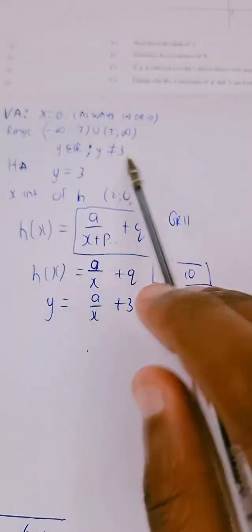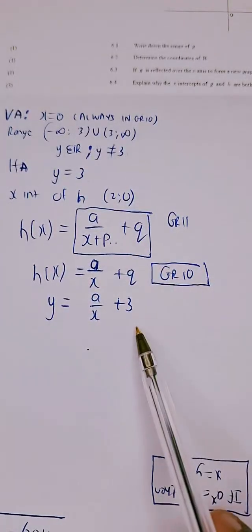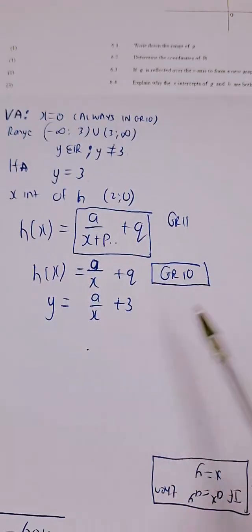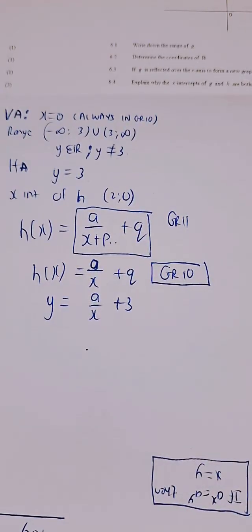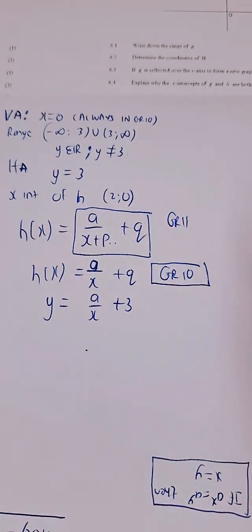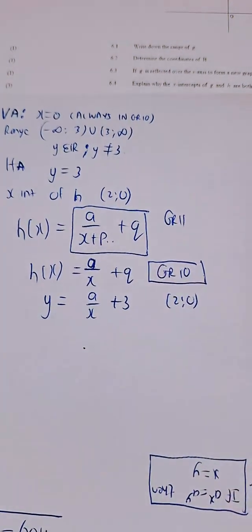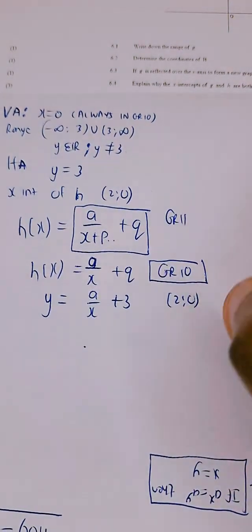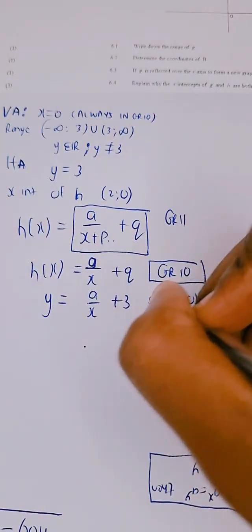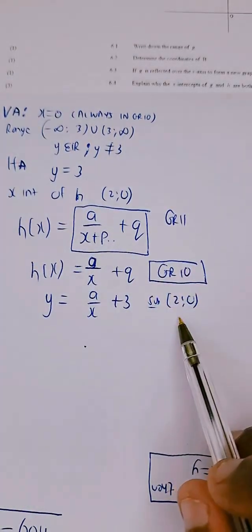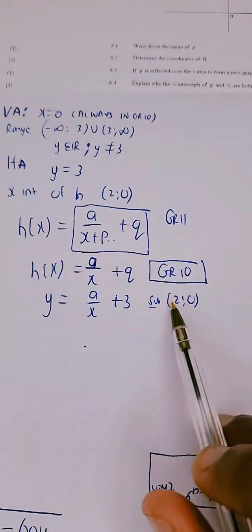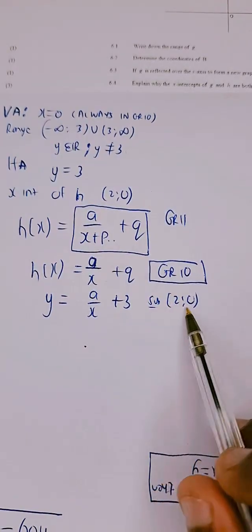Through the range, I was able to establish what the horizontal asymptote is, therefore the value of q. That sorts that out. Then we are told that the x-intercept is 2 and 0. So we are going to substitute: x is 2, y is 0.